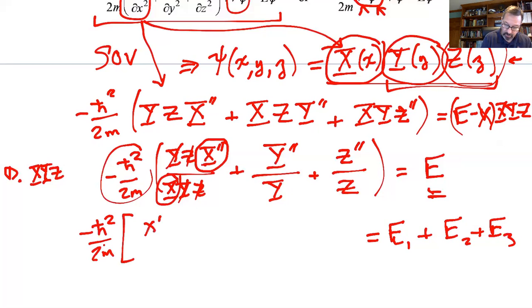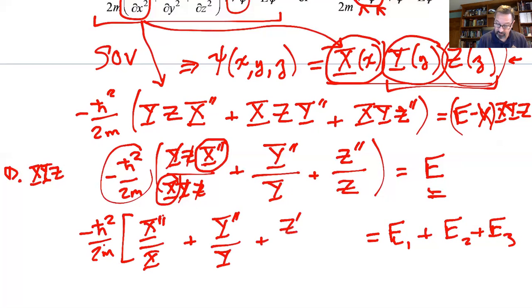And this was the second derivative of the x function with respect to x divided by itself, plus the second derivative of the y function with respect to y divided by itself, plus the second derivative of the z function with respect to z divided by itself.